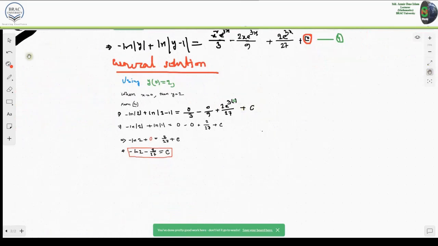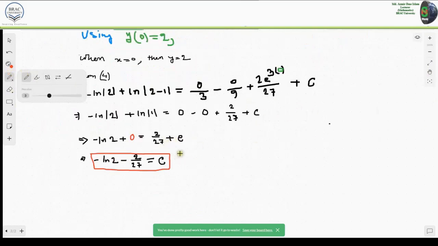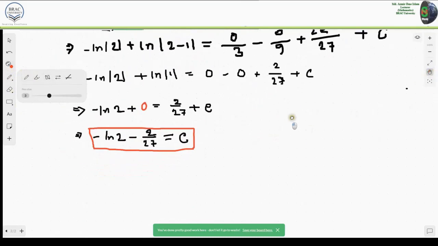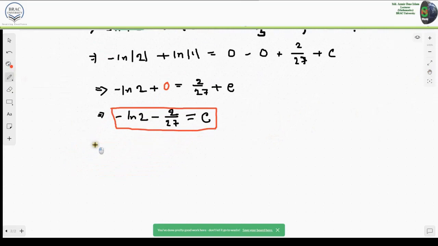So then it will be a particular solution of the given differential equation. So I am going to substitute c in equation 4.